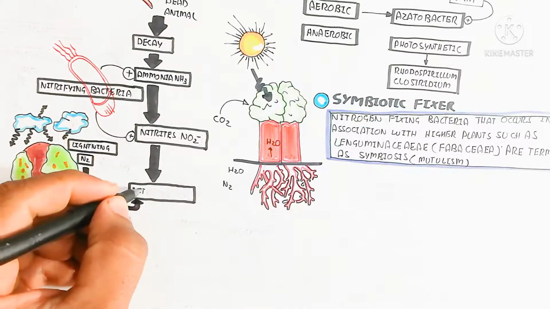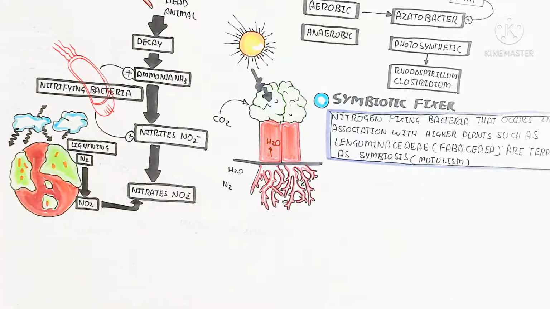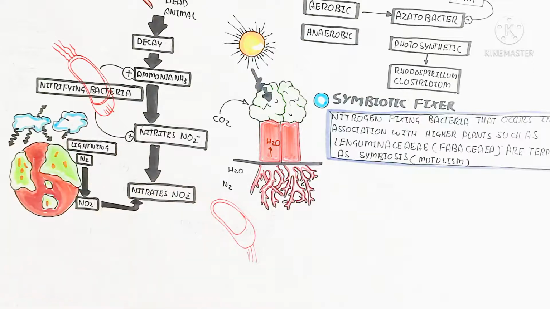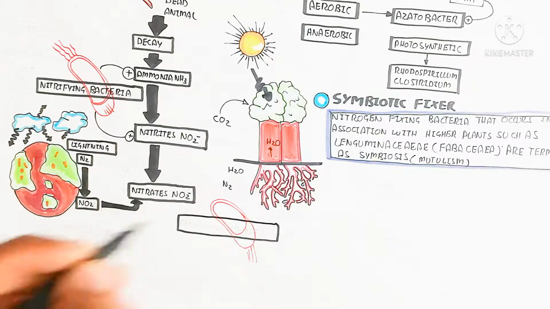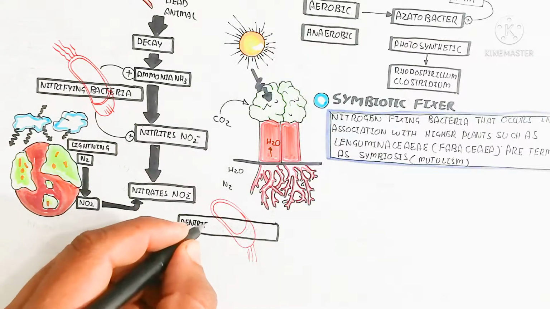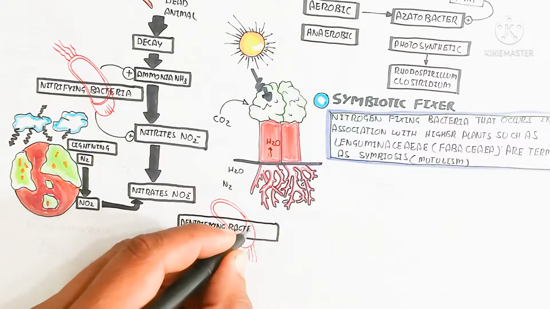The denitrifying bacteria also convert nitrates and nitrites back into nitrogen gas, so the nitrates are dissociated again into nitrogen.